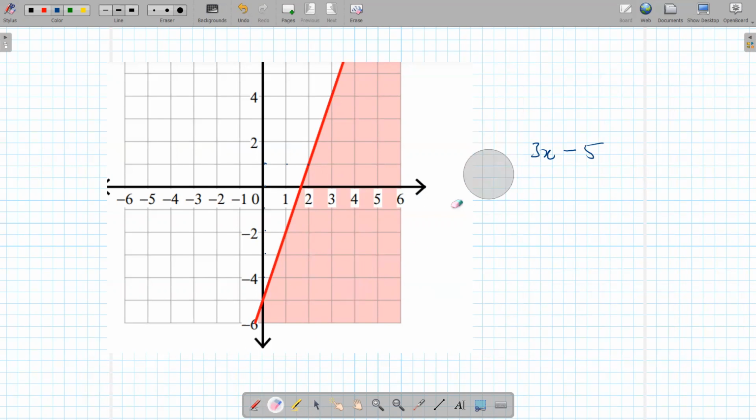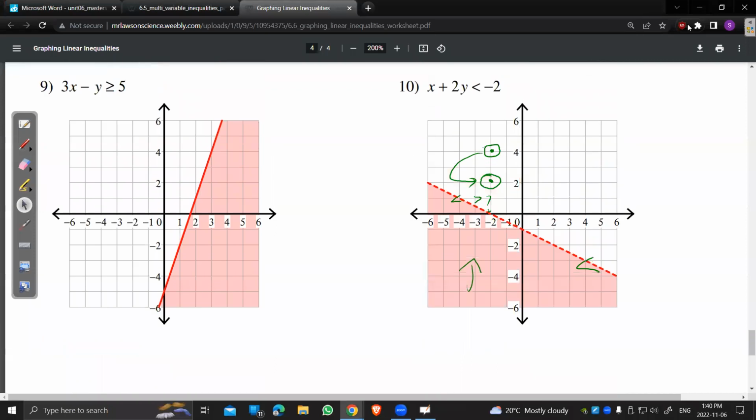Now a question for you, because this is not an equation, it's an inequality. Is this going to be greater than or equal to, less than or equal to, greater than, or less than? What symbol goes in there? Only one of them is right. Less than or equal to. So let's check: y is less than or equal to 3x minus 5.